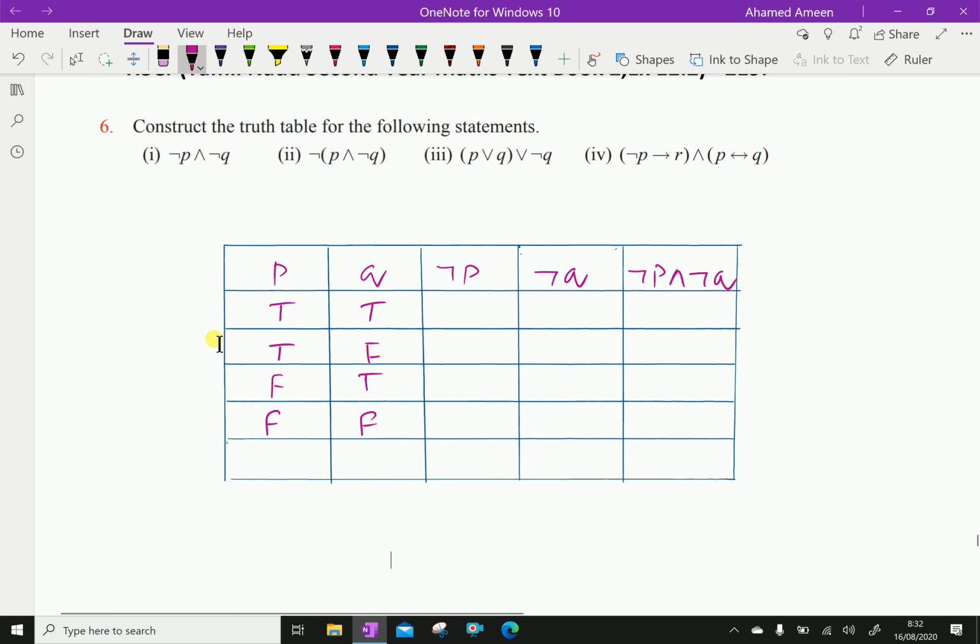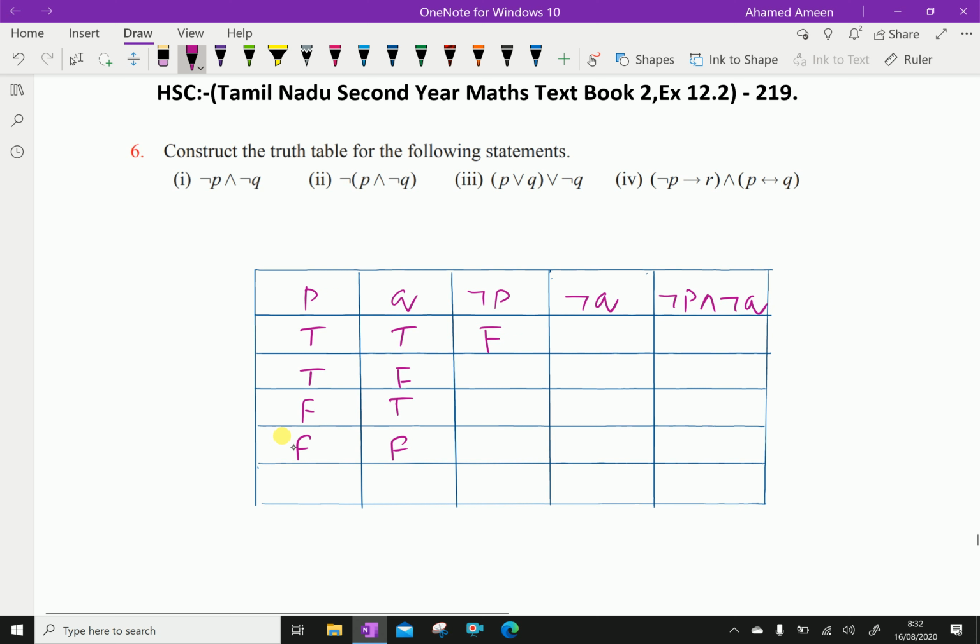Now negate P, the right opposite of this one, so true becomes false: false, false, true, true. Then negation of Q, the right opposite: false, true, false, true.